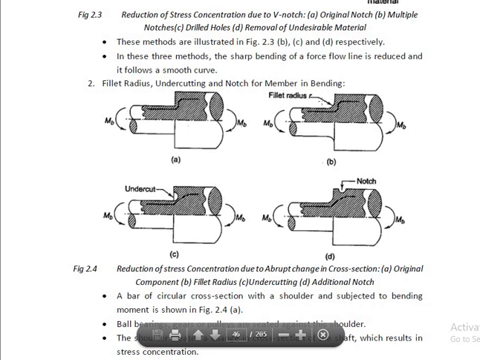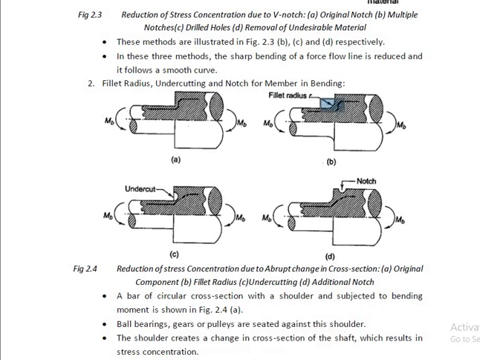By providing a fillet radius, means we provide a fillet of a certain radius, say R, at the corner. In this case there is a sharp corner of 90 degrees. Here we have provided a fillet radius, due to which the streamline will follow a smooth path.